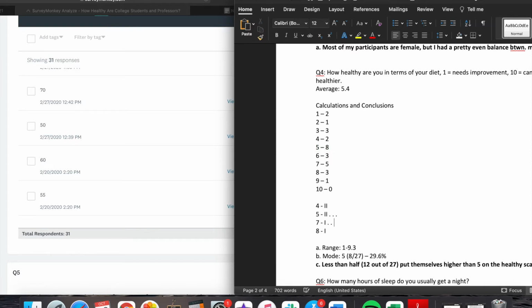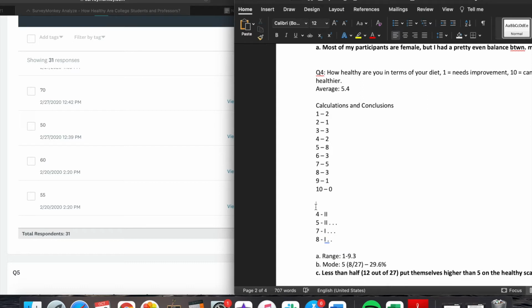I'm tallying these up. Okay, I hope that makes sense.